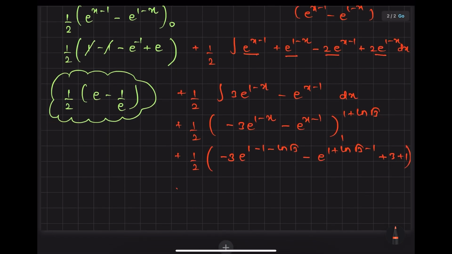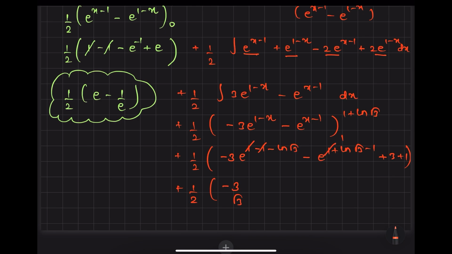Now this thing is gone, so we are left with minus 3 e power ln root 3. You know that you can write this as 1 by e power ln root 3, which means root 3.